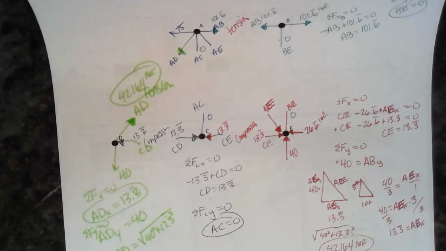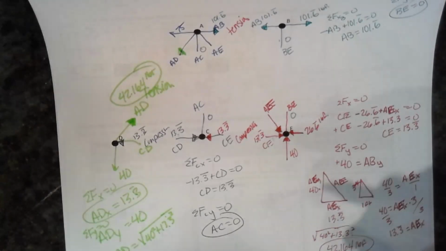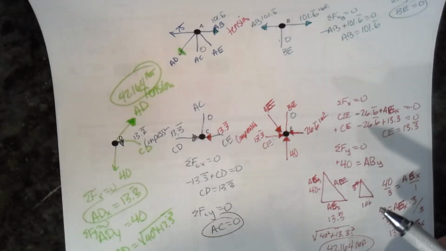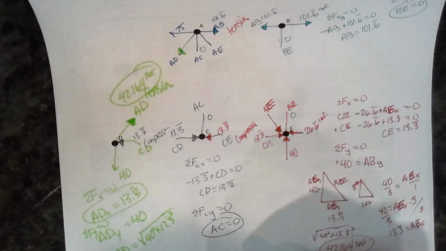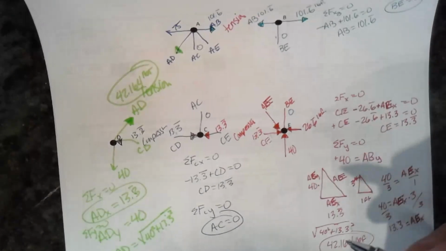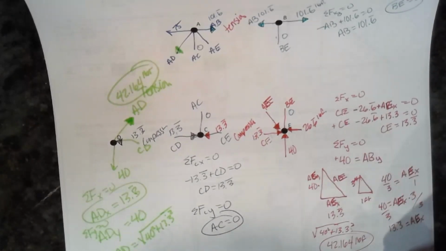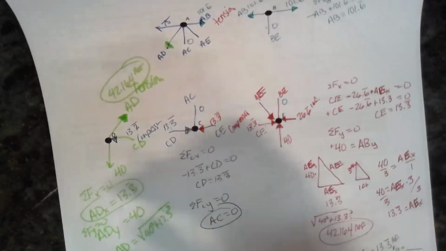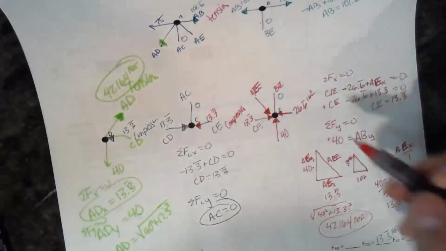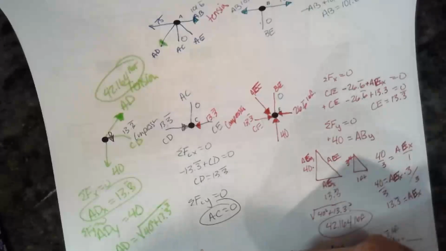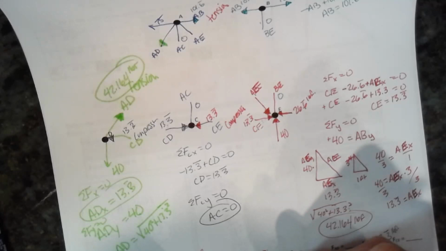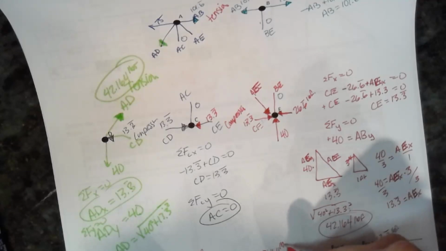I guess we can write it down so that's easier for you guys to check. What did we say? We said AC is 0. We said CD is 13.3 repeating pounds of force. We said AE is 42.164 pounds of force.